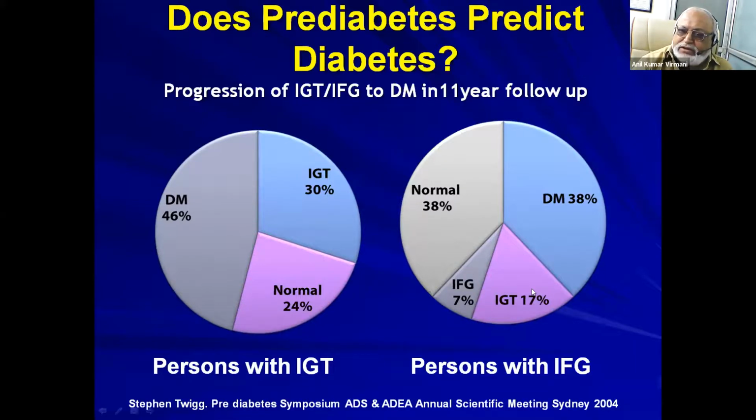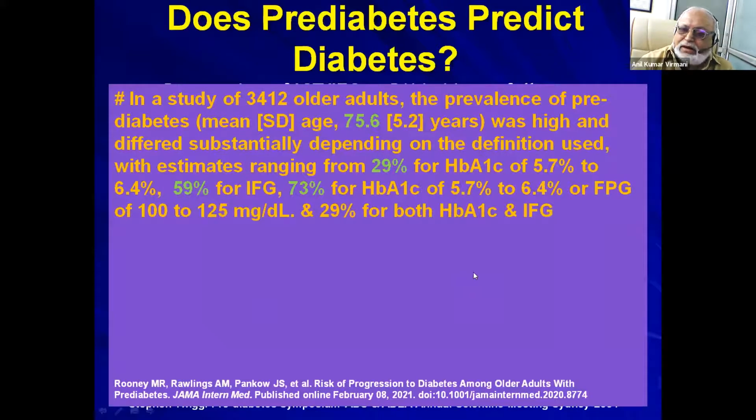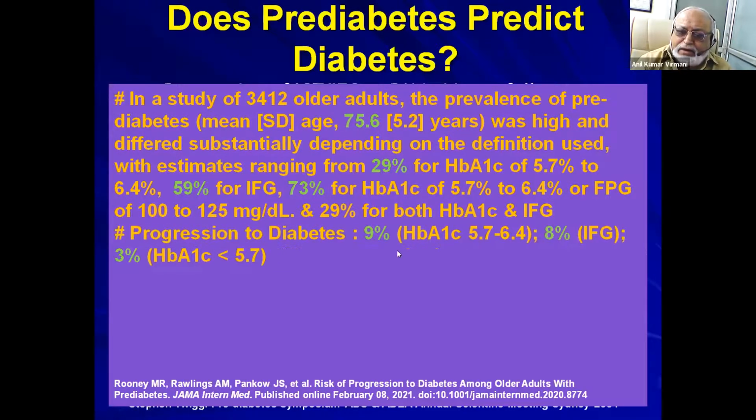Now, this is a very interesting study published, I think, in February this year, in more than 3,400 older adults. The mean age was around 75.6 years. Depending on the various criteria, they found the prevalence of prediabetes varying from 29% to 73%, depending on whether you use A1C or impaired fasting glucose or both as a criteria.